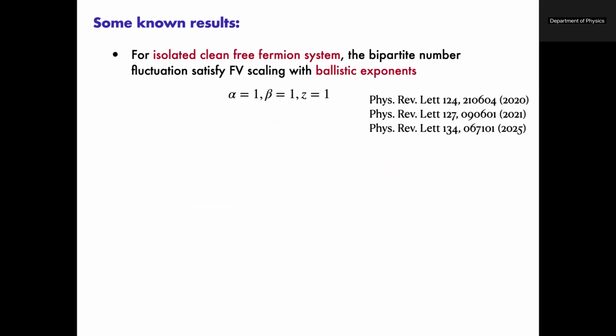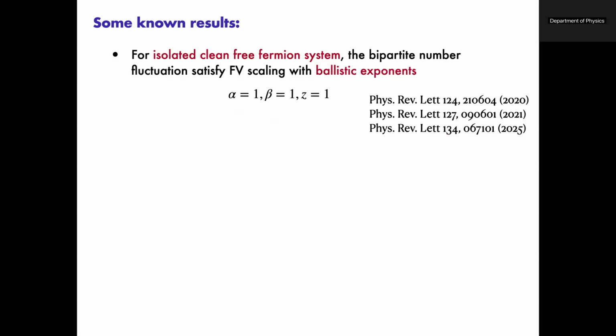Okay, so what are the known results? Why did we start doing long range? In the last couple of years, people first started with free, isolated systems. For an isolated free system, you expect a ballistic universality class, with alpha 1, beta 1, z 1.